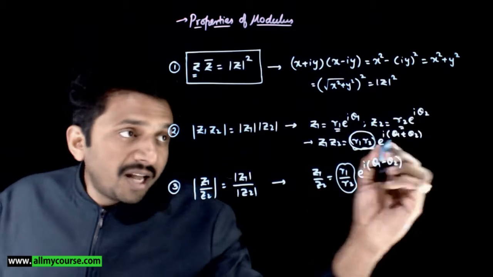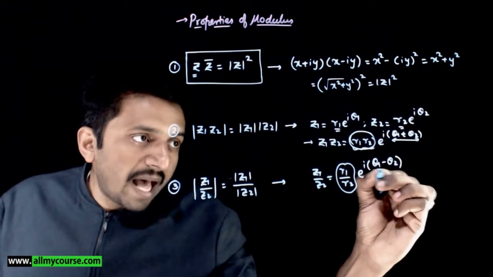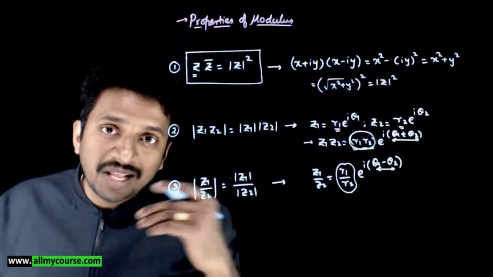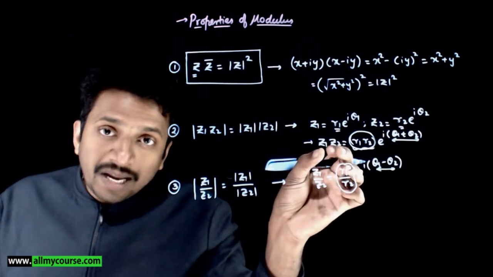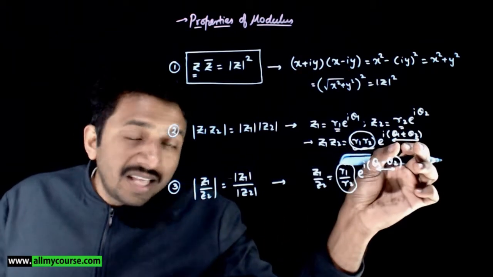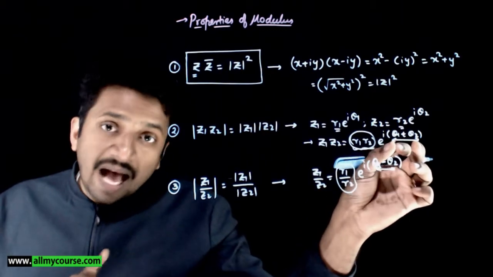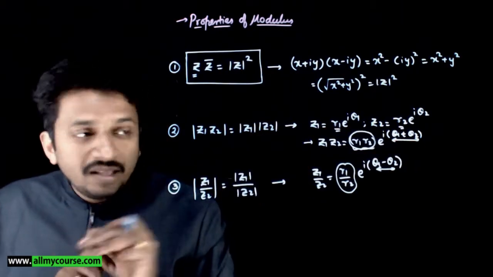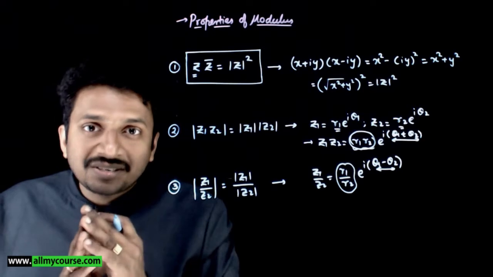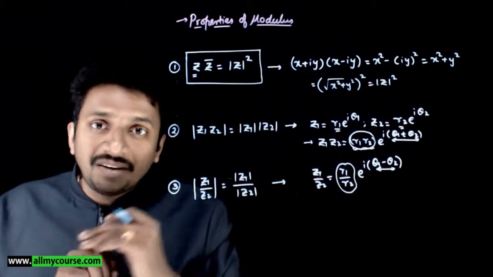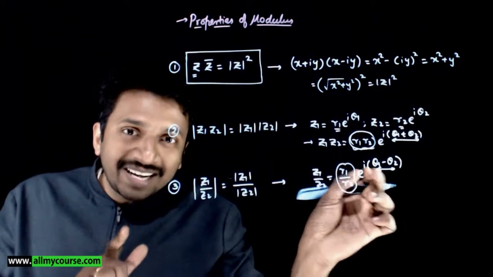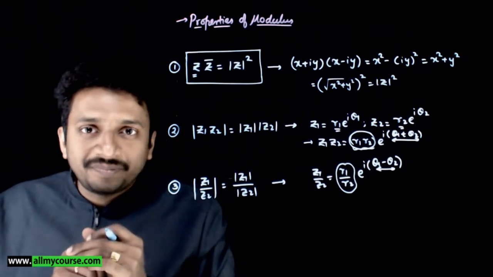If you are careful, you can also observe what is happening to the argument part, which we'll deal with later. So when you multiply two complex numbers, their magnitudes are getting multiplied, their arguments are getting added. When you divide two complex numbers, their magnitudes are getting divided, their arguments are getting subtracted from one another.